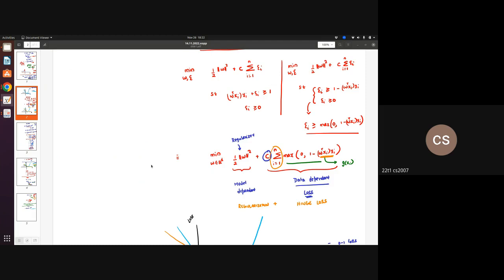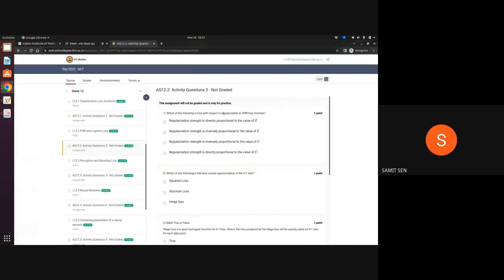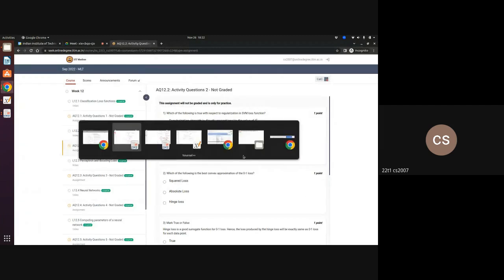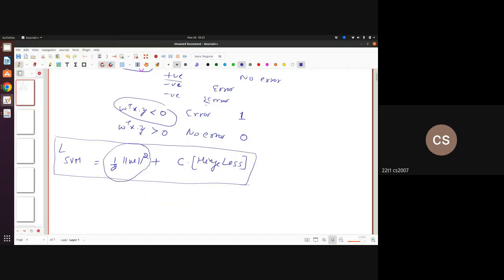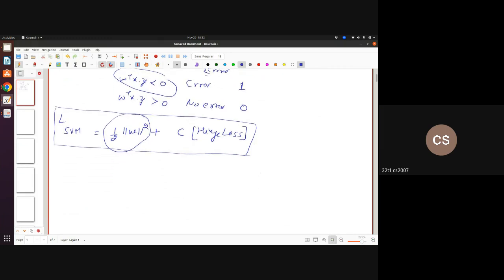Now, what are we asking here? What is the relation between regularization strength and C? If you remember regularization in linear regression, there was the sum of squared error, plus this regularization term with lambda.